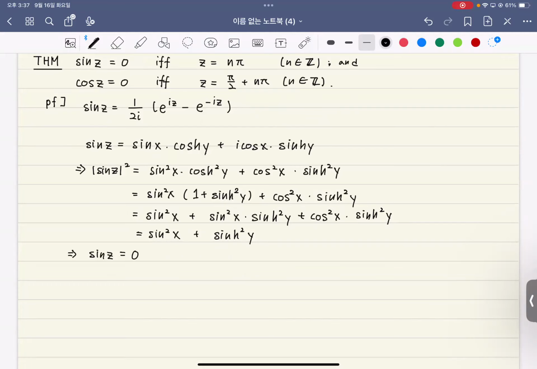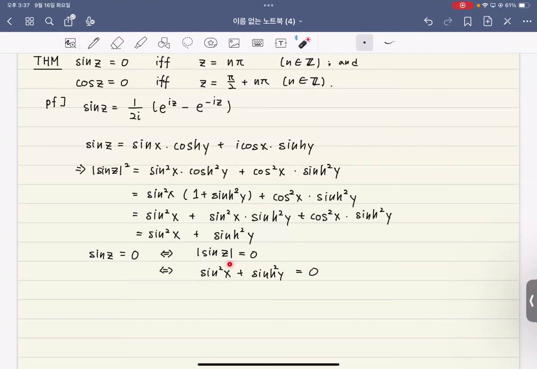Since we are interested in the zeros of the complex sine function, sine of z equals 0 if and only if the modulus of sine of z equals 0, right? But this is the same as sine squared x plus hyperbolic sine squared y equals 0.